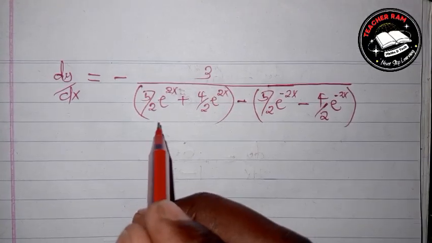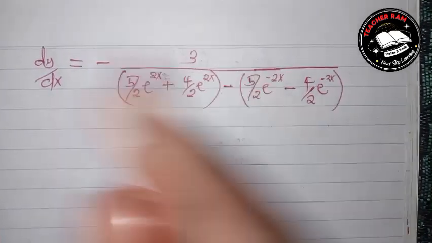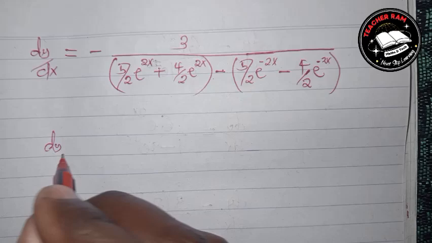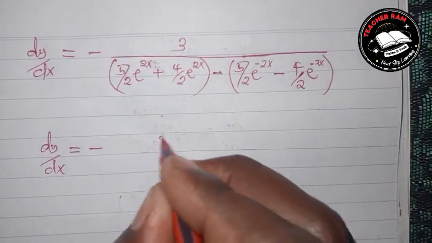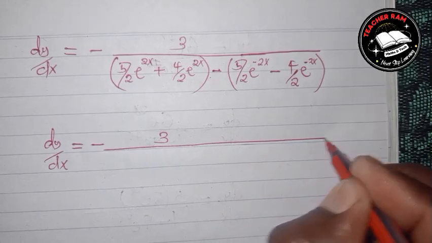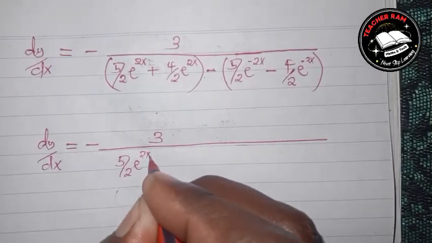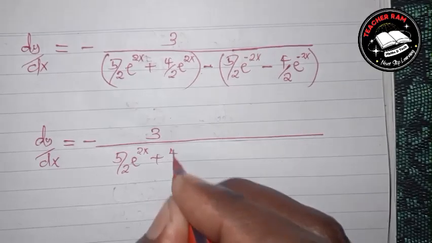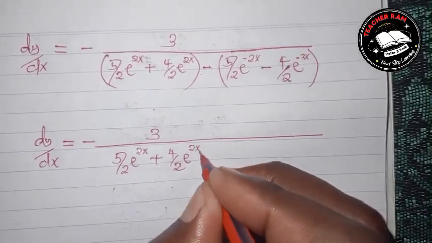So from here, let us open the bracket by using the negative. dy/dx will be equal to negative 3 as numerator. The denominator will be 5 over 2 e power 2x plus 4 over 2 e power 2x.